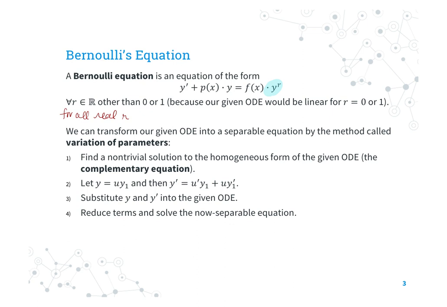And then we're going to find that we can reduce terms and move all of our variables to different sides, and we will now have a separable equation. Probably sounds a little bit like math magic, but it's actually a really cool process.